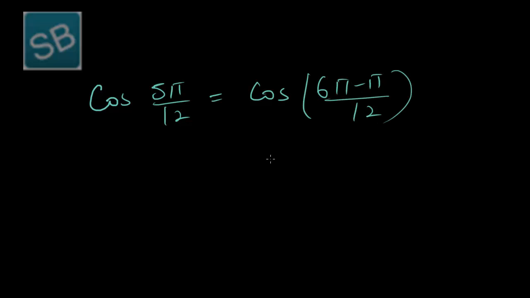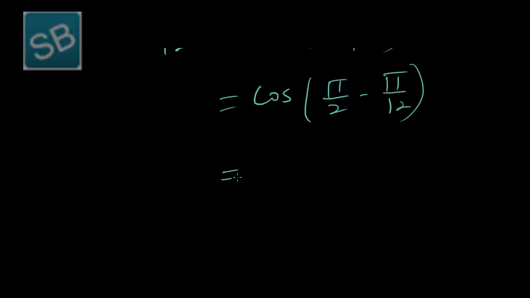Similarly, we can find cos 5 pi by 12, that is cos of (6 pi minus pi) over 12, that is cos (pi by 2 minus pi by 12). Using the co-function theorem, cos (pi by 2 minus theta) is sin theta.